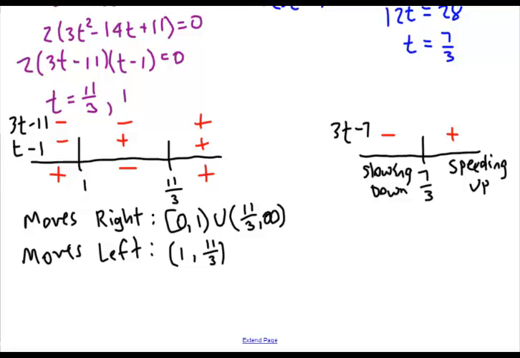So when we're looking at this, we're slowing down from 0 to 7/3.